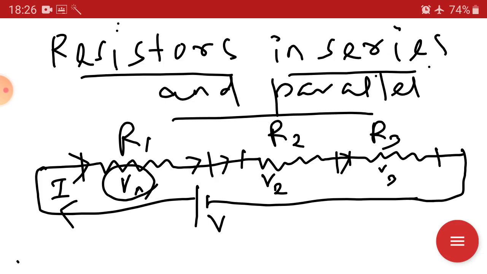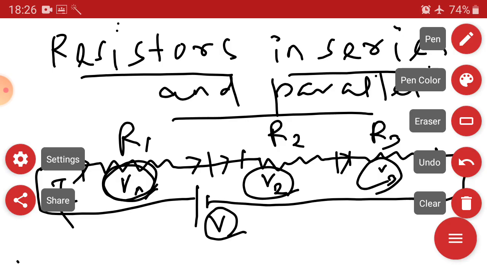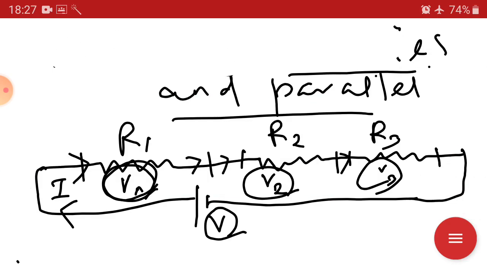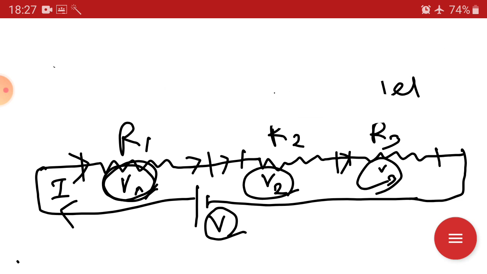Another thing: the voltage drops V1, V2 and V3 sum up to the net potential difference of the battery. So from here we will start our discussion of resistors connected in series.